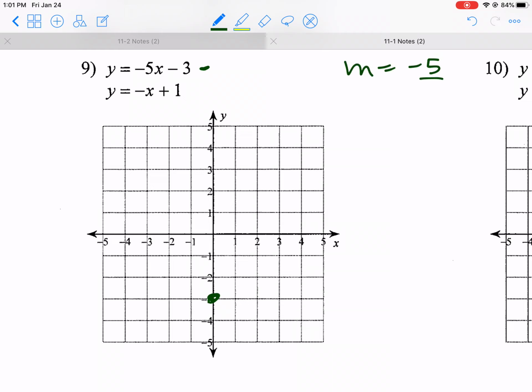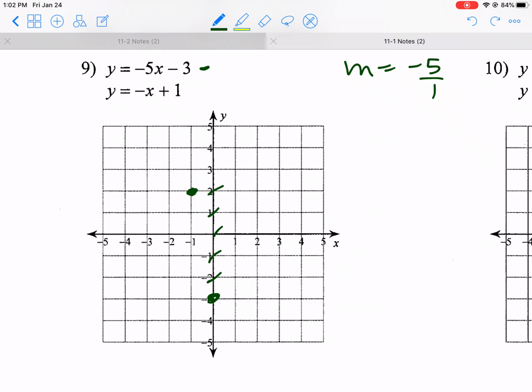To change that to a fraction, I can simply put a 1 under it. If I use the negative with the numerator, that would mean rise down 5, and that would be off the grid. So I'm going to use it with the denominator: rise up 5 and left 1. I could do it again, but I'd be off the grid, so I'm just going to connect these.